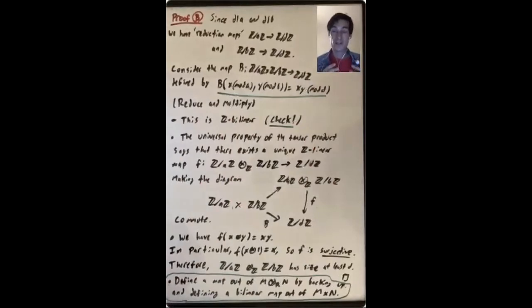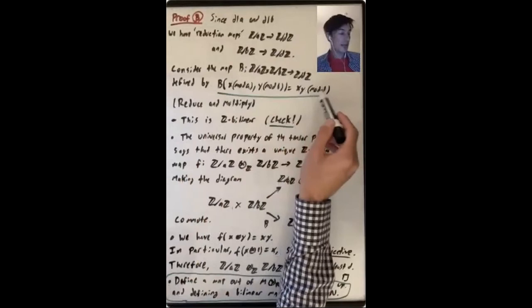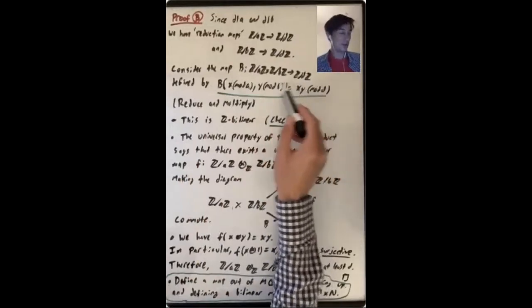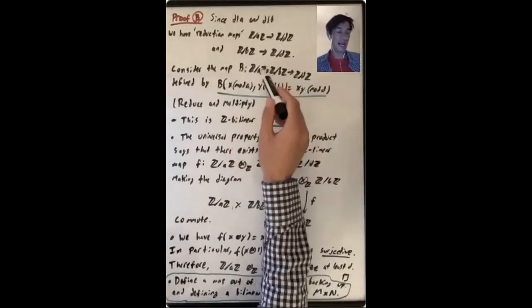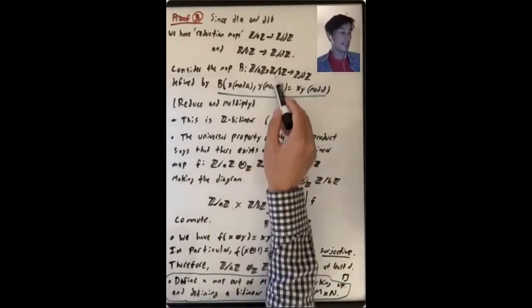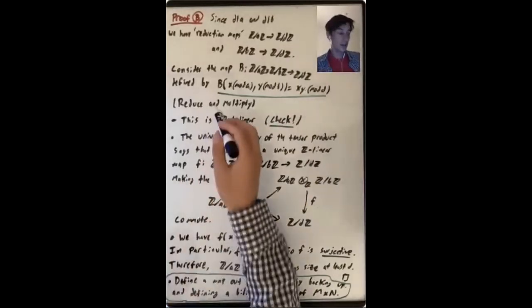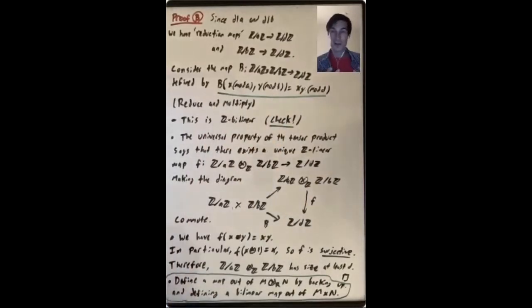So what is this function doing? You reduce and multiply. X is an element in Z mod AZ that gives you an element in Z mod DZ. Y is an element in Z mod BZ that gives you an element in Z mod DZ, and then you multiply them together. This is one of the challenging pieces of this argument, you have to remember what this map is.